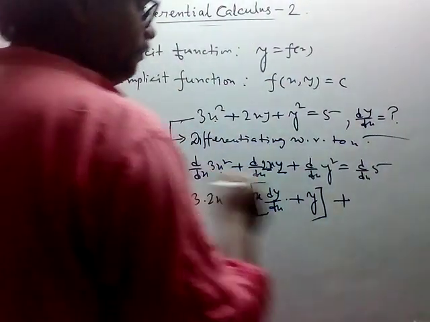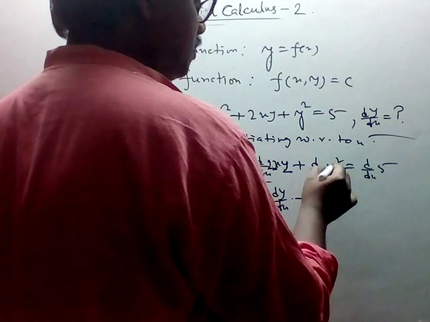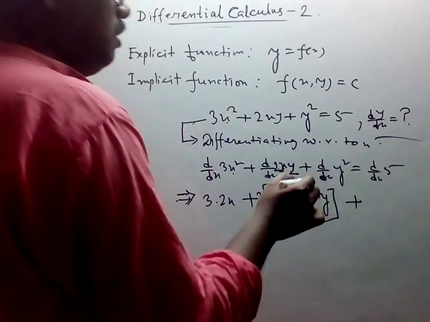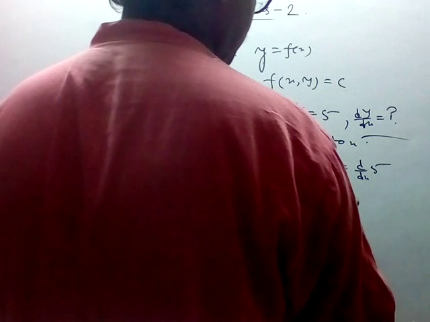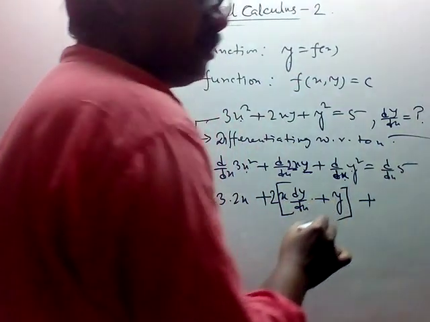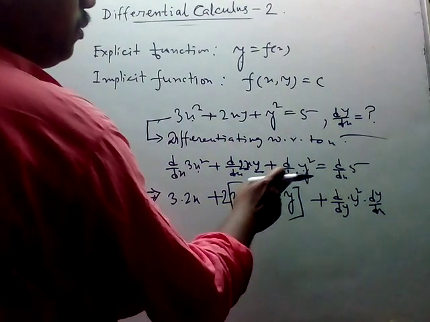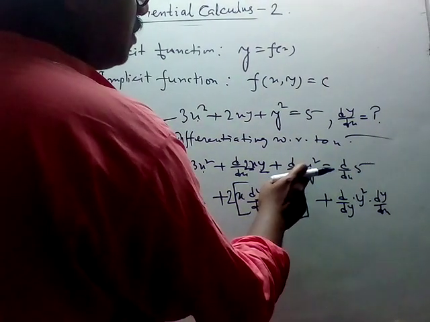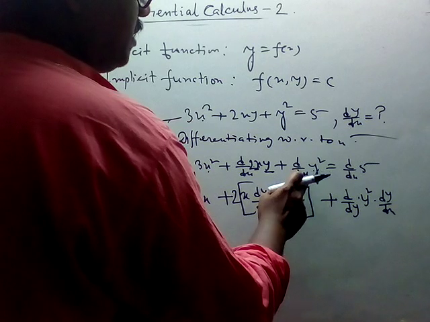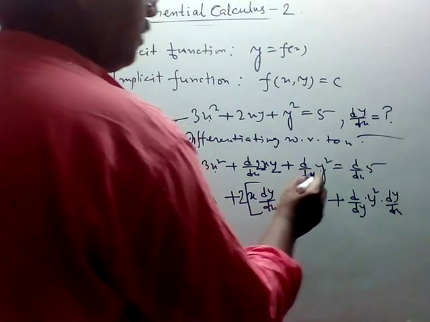Plus here, the function is of y, but the derivative is with respect to x, so we have to use the chain rule here. So we can write d/dy of y square into dy/dx by chain rule. When the function is of one variable where the derivative is with respect to another variable, then we have to apply the chain rule.